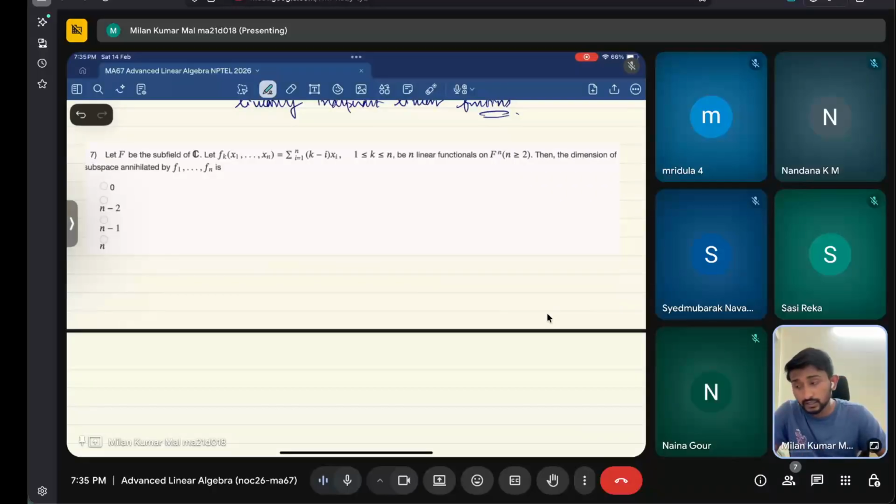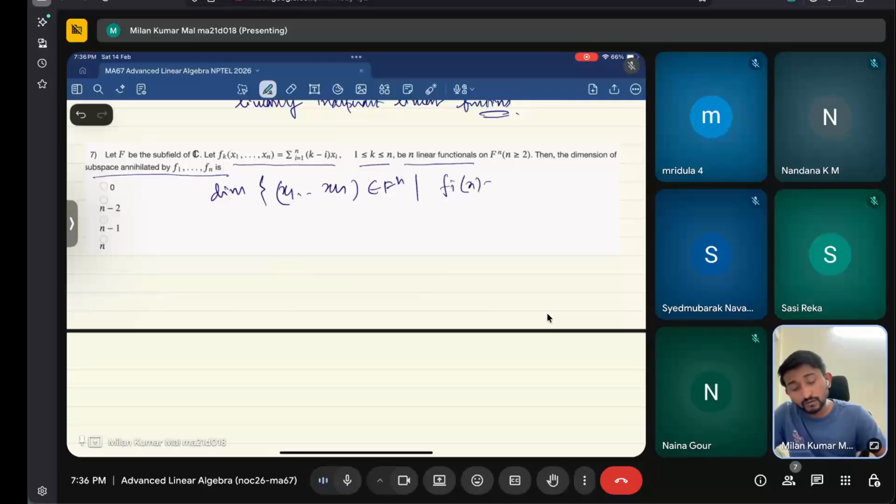Now the question: for all k from 1 to n, let f1, f2, ..., fn be the n linear functionals. Then the dimension of the subspace annihilated by f1, f2, ..., fn is asked. That is the dimension of the space of x = (x1, x2, ..., xn) such that fi(x) equals 0 for all i equals 1 to n.